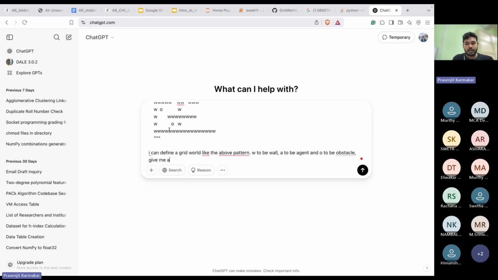Give me a challenging 150 state... Define a 95 state grid world like this, one state grid world.